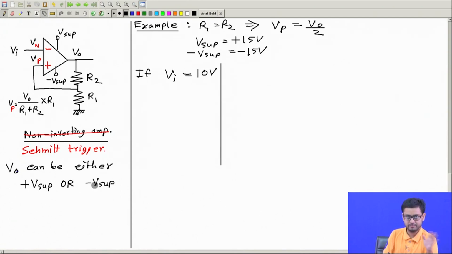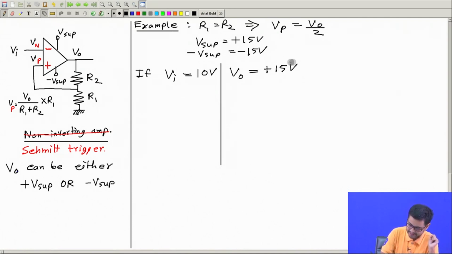We have seen this through many different logics. Okay. Now let's see, is it possible that Vo is equal to plus 15 volt? Because it can be only plus 15 or minus 15.